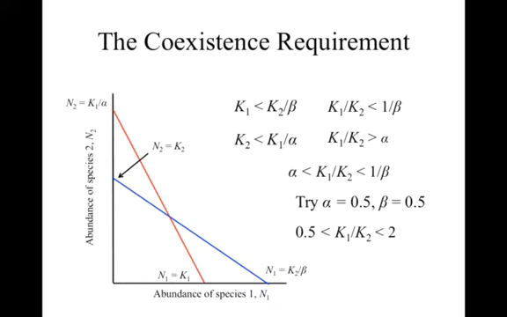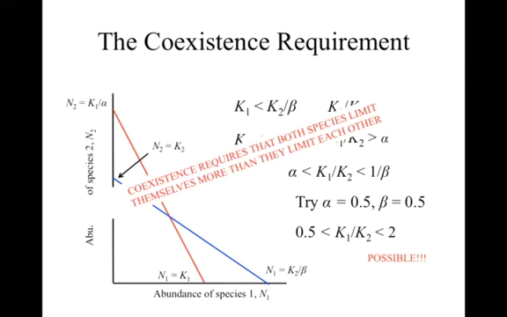At the very least, if the relative carrying capacities of the two species are right, we can make this a true statement because 0.5 is less than 2. And so coexistence is possible depending on the carrying capacities of the two species, but it's at least possible when interspecific competition is weaker than intraspecific competition for both species.